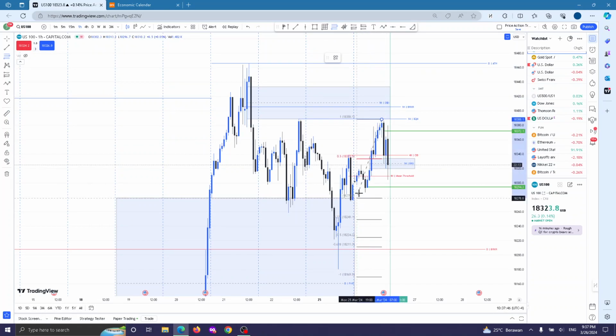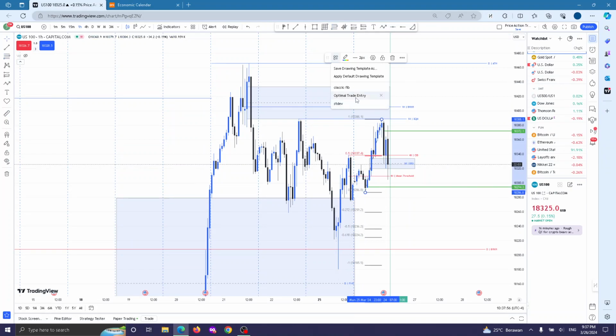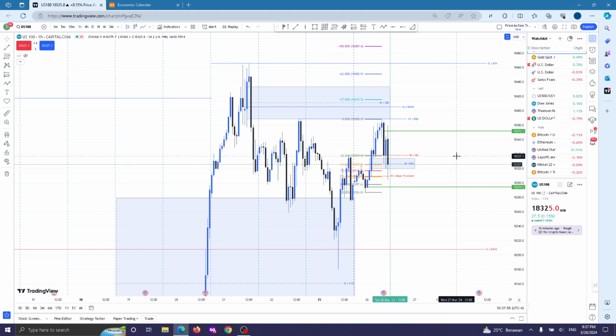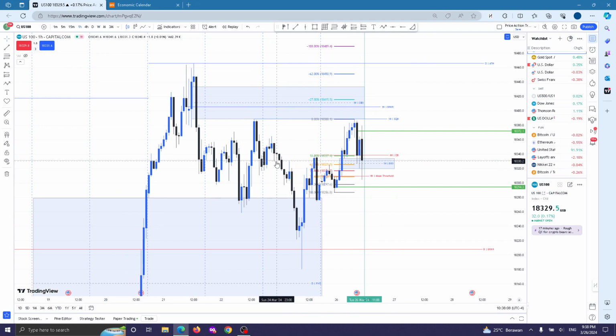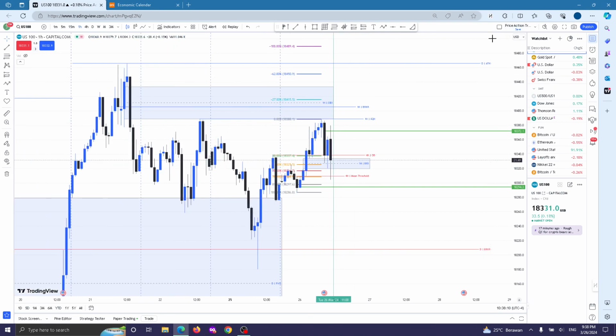Price can still rally. The OTE here is in line with the mean threshold perfectly. Still bullish, guys.